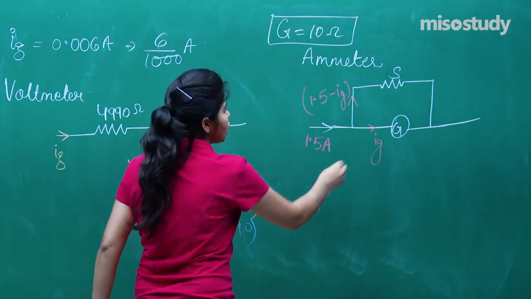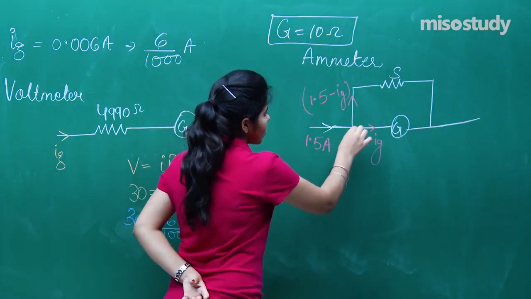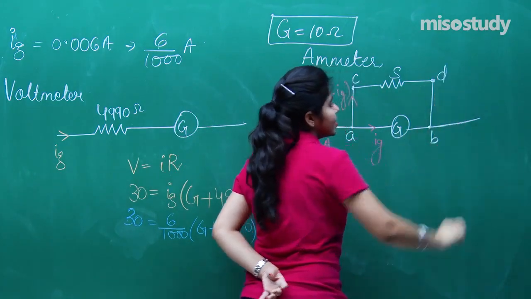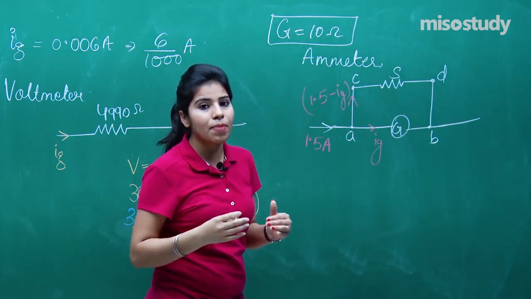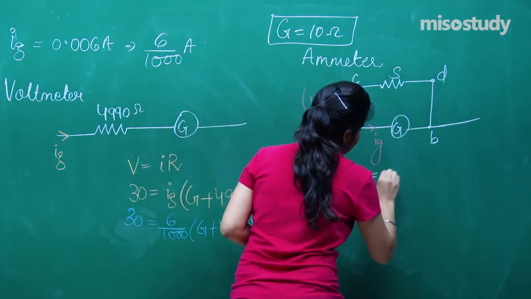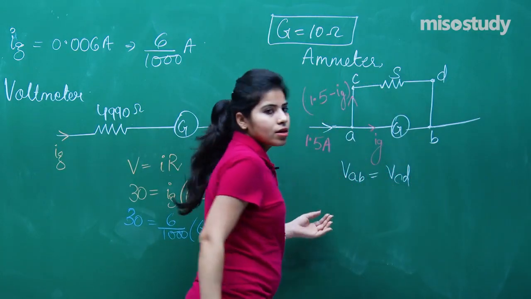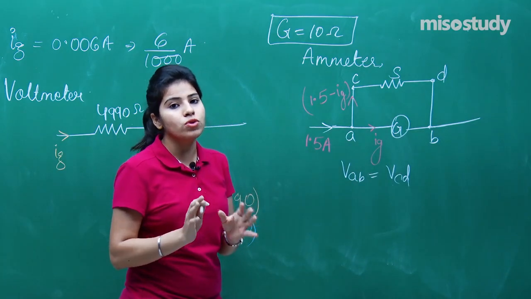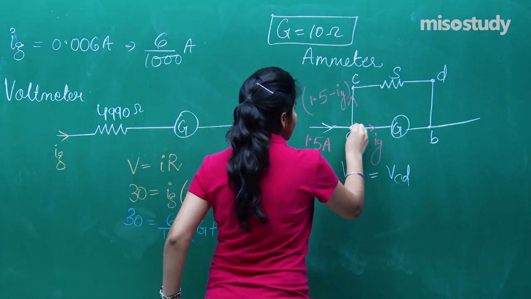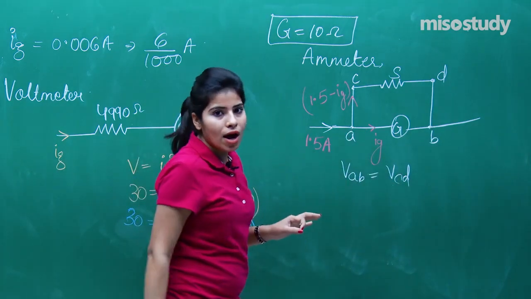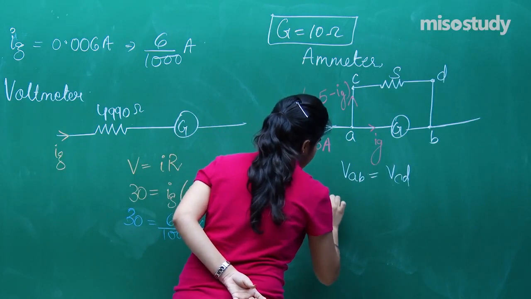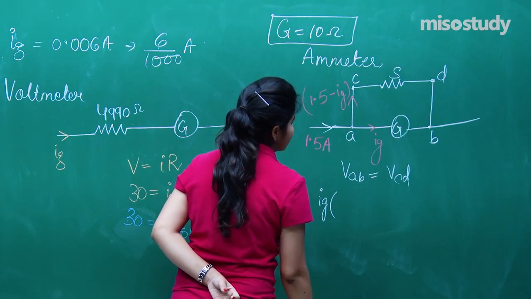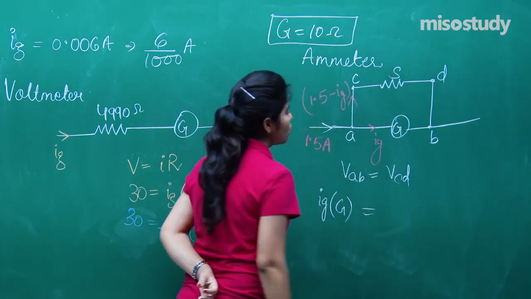Now to find the value of S, suppose this is points A and B, and these are two points, say C and D, because these two resistors are connected in parallel. That means VAB will equal VCD. We know that the potential will be the same when two resistors are connected in parallel. To find VAB, that will be I into R, Ig into G, equals VCD.